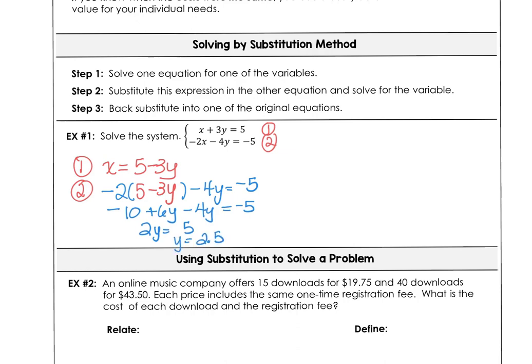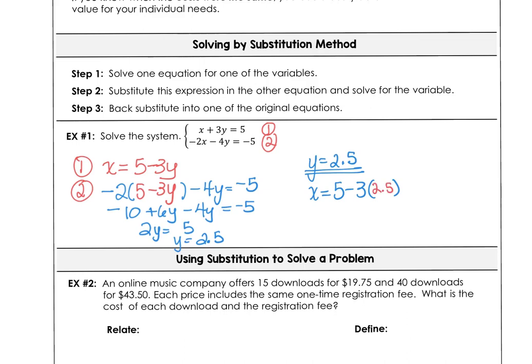So y is 2.5. And if we know y is 2.5, we can substitute that value for y back into equation 1 and solve for x. So x is 5 minus 3y when y is 2.5.